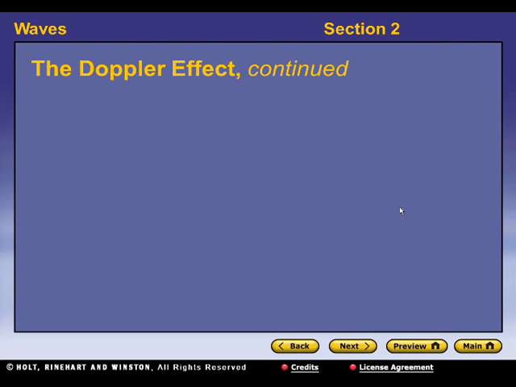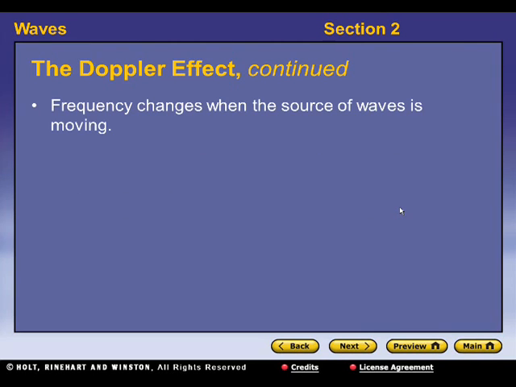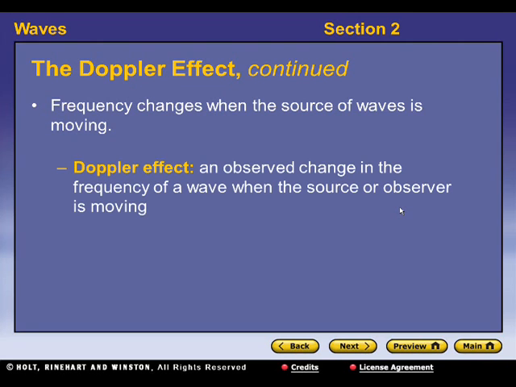A higher pitch sound is caused by sound waves of higher frequency. In turn, a lower pitch is because of lower frequencies. So frequency changes when the source of waves is moving. The Doppler effect is an observed change in the frequency of a wave when the source or observer is moving.